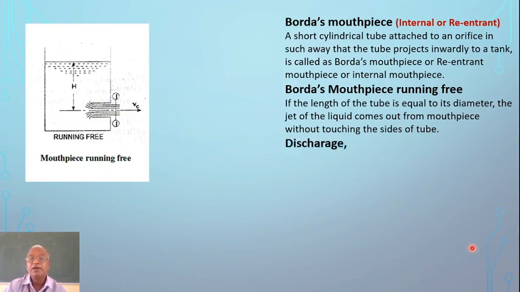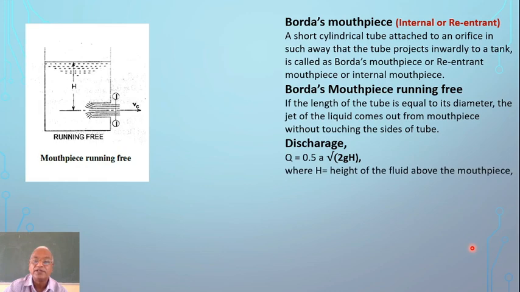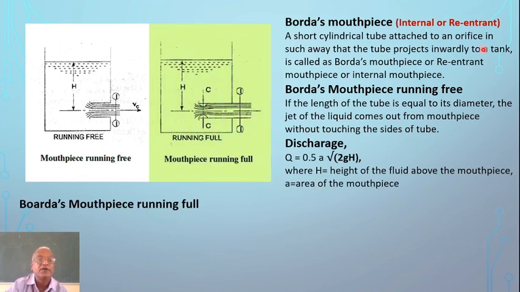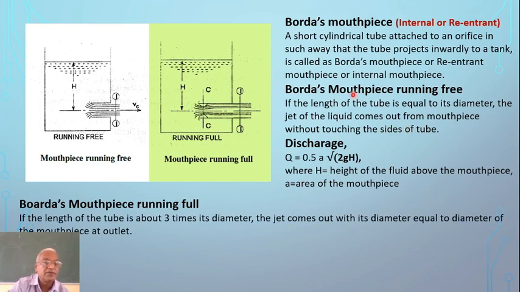In the running free condition, discharge Q equals 0.5 A root 2gH, where H is the height of the liquid above the mouthpiece and A is the area of the mouthpiece. Borda's mouthpiece running full: you can see here the length of the mouthpiece is slightly longer, about 3 times the diameter.